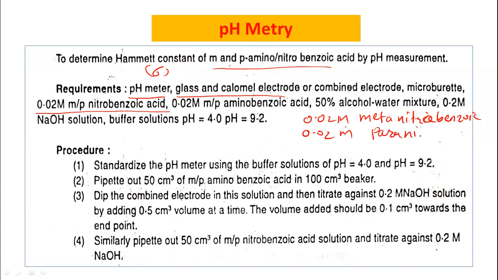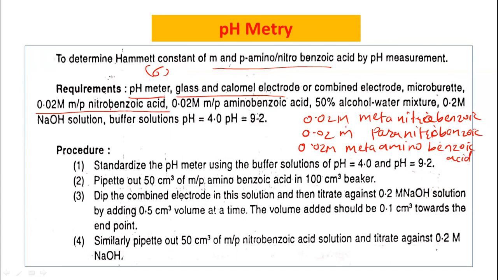The nitro group is a substituent. Or we require 0.02 molar meta amino benzoic acid. The amino group is an electron donating group, and the nitro group is an electron withdrawing group.